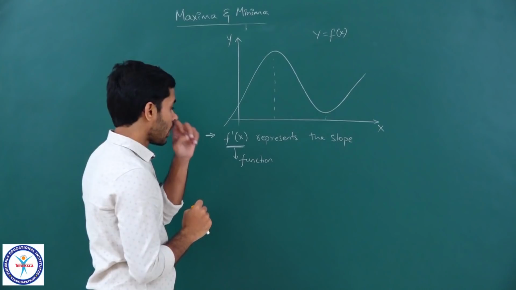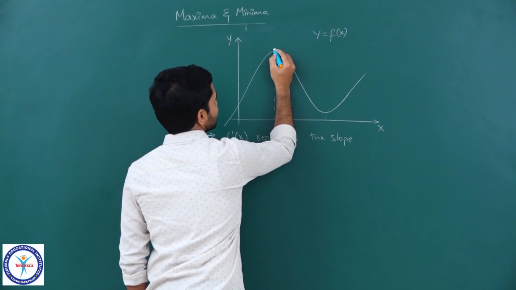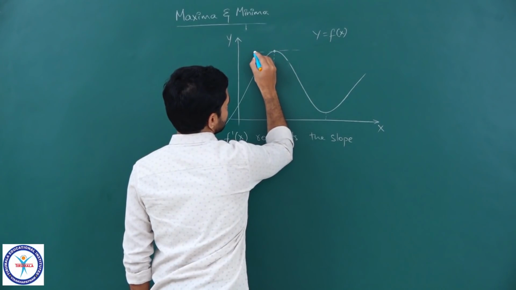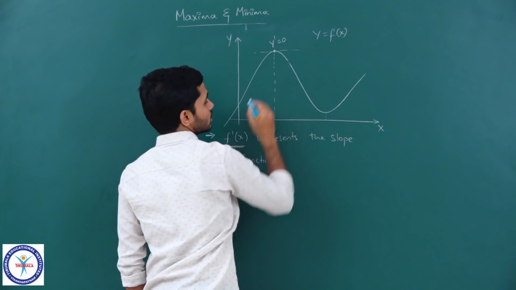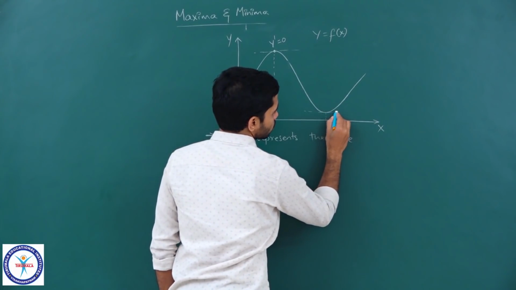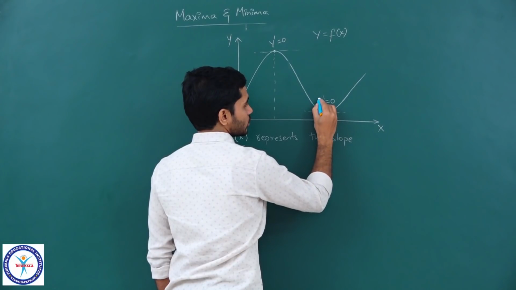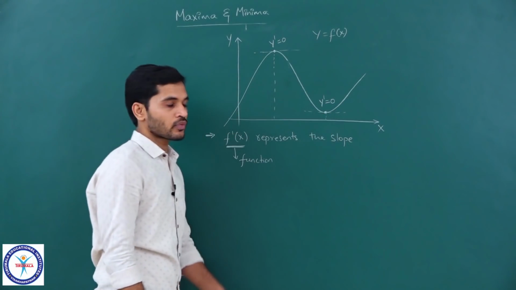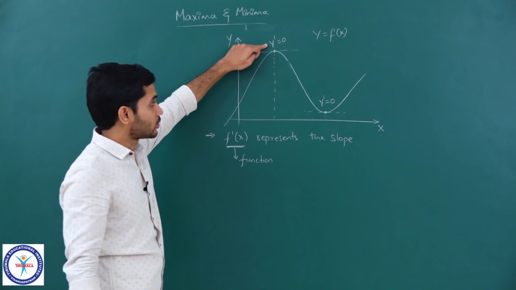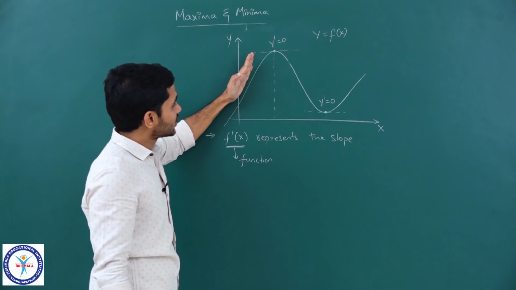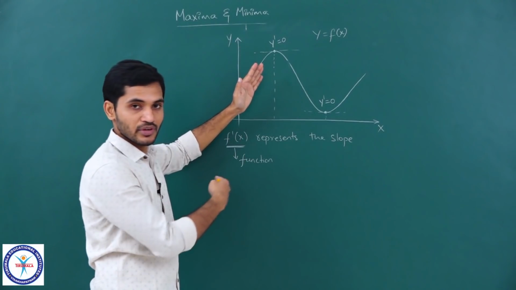Okay. Now, observe carefully what is happening at maxima. So, if I look at maxima, slope is 0. So, y dash is 0 here, even at minima also the slope is 0. So, even here y dash is 0, correct? Okay. Now, but if you observe closely at what is happening at maxima, so look closely. So, this is the tangent. Now, see what happens as I cross the maxima from left to right.